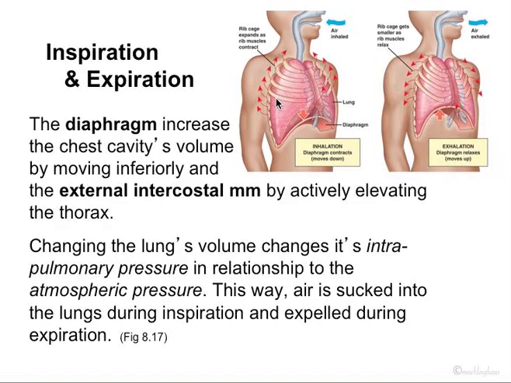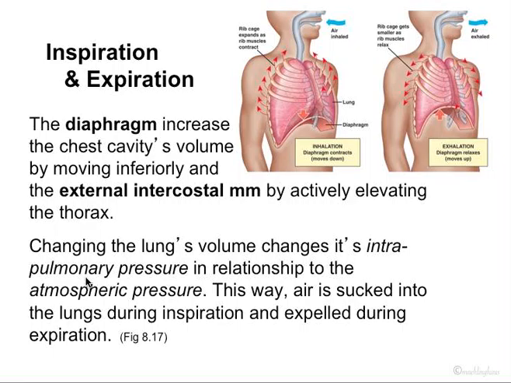So the intrapulmonary pressure, this word down here, refers not to that intrapleural pressure that was in between those membranes. This is now the pressure on the inside of the lungs. And for a brief moment, if you keep your mouth closed and your nose closed and you expand the chest wall, the pressure inside the lungs is below the one on the outside.